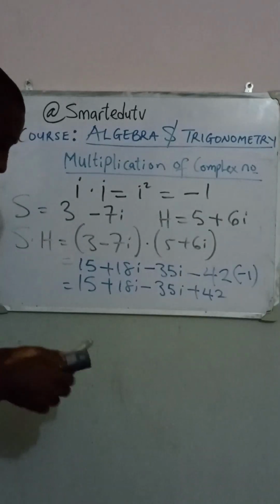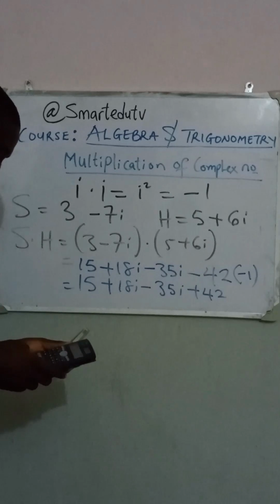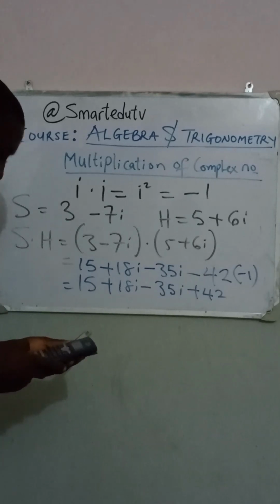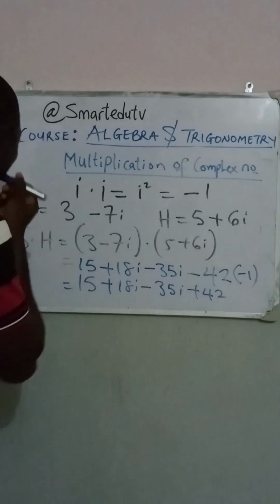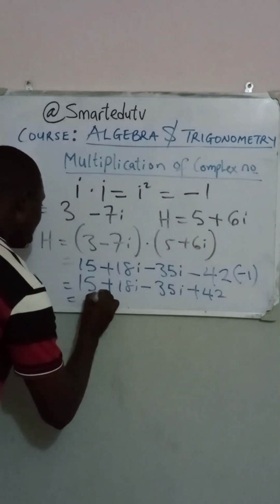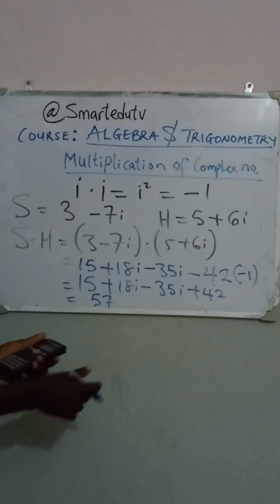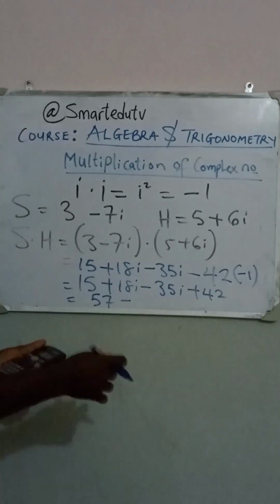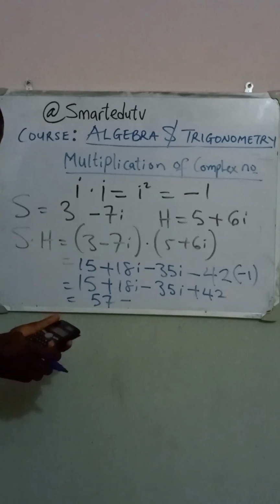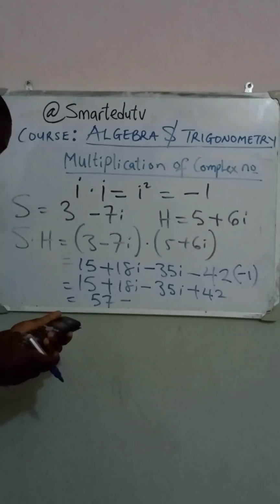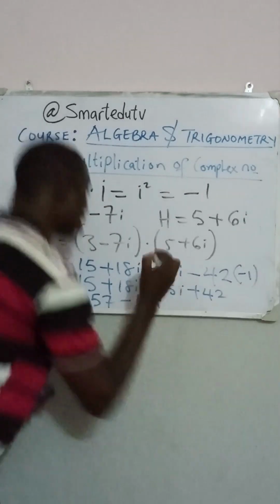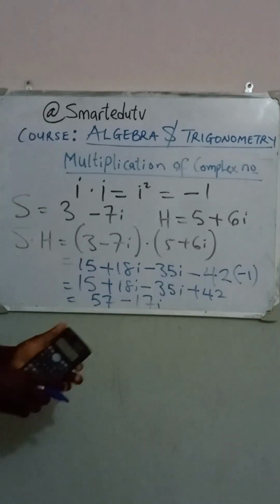For the real part, I'm adding 15 and 42, and that gives me 57. For the imaginary part, I'm having plus 18I and I'm owing minus 35I. If I pay my debt, I'm going to owe how much? 35 minus 18 gives us 17. So 17I is owed. This is the result of the multiplication: 57 minus 17I.